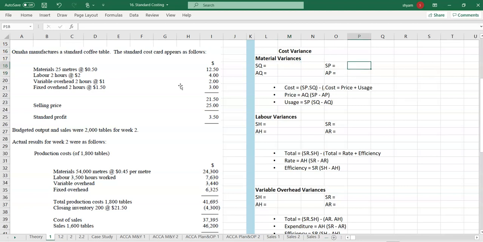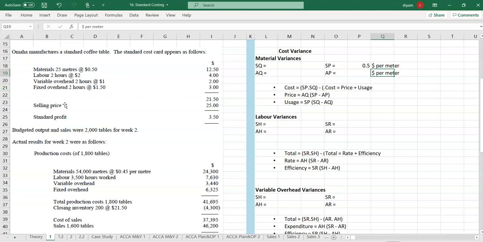Okay, SP is standard price of the material. So what is the standard price of the material? Is it this number or this number? See, the standard material per meter is what we want. Okay, so the number is going to be 0.5. Why? Because it is a dollar per meter. That is what we are bothered about. Even in actual price, that is what we want.